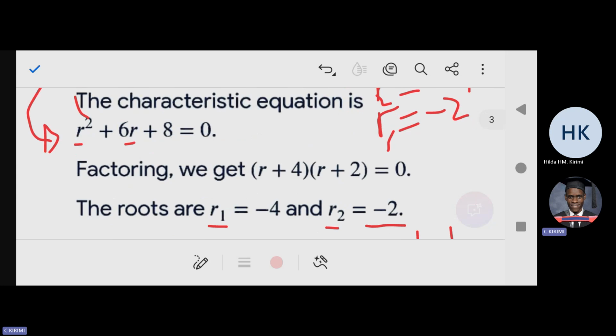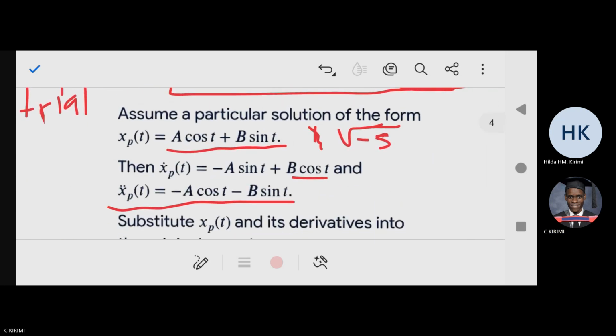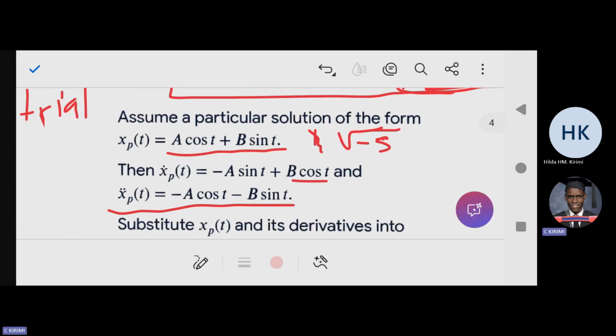What is our x here? This is our x. X is not 1. So we are adding 8 times this.